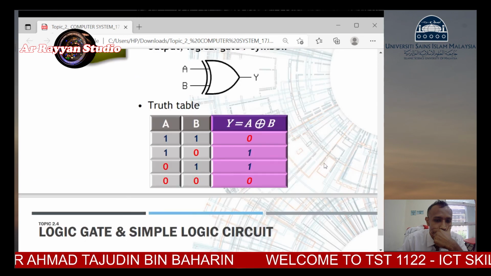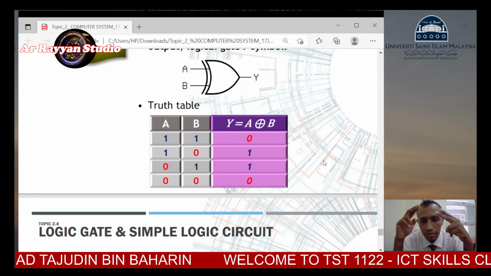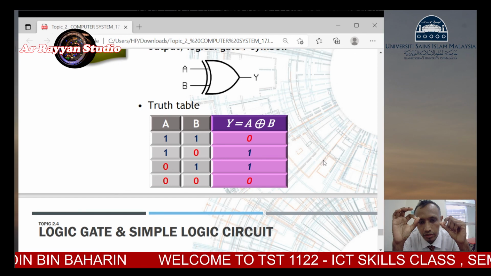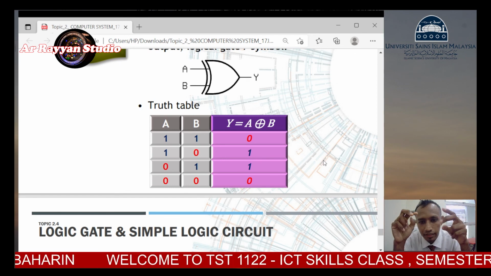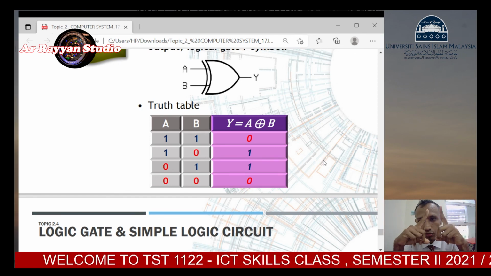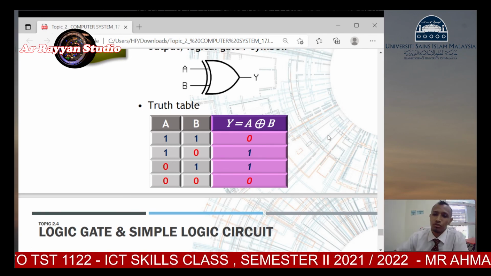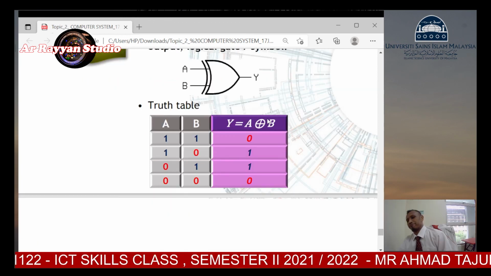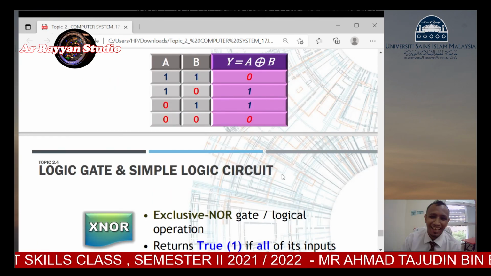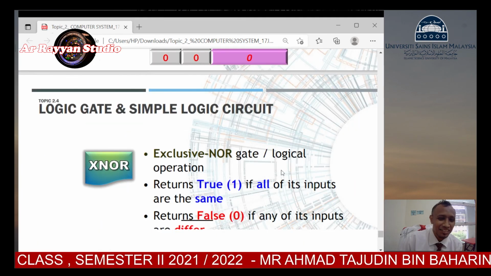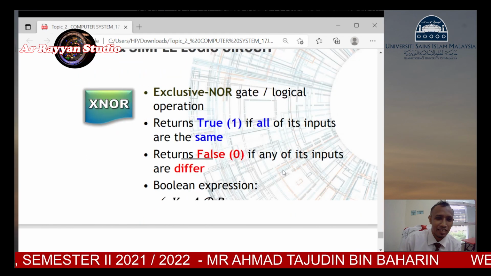Maksud dia apa? Dua benda yang sama dia akan jadi false. Dua benda yang berlainan dia akan jadi true. Okay, faham? Faham, sir. Okay, good. Saja je bagi korang pening pagi ni.